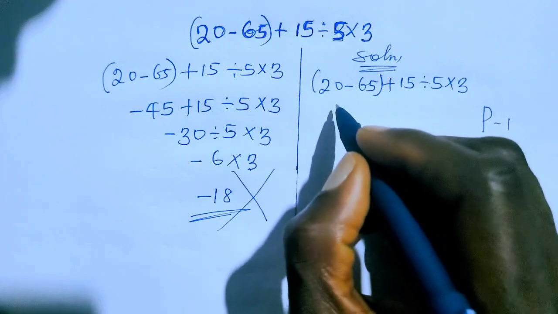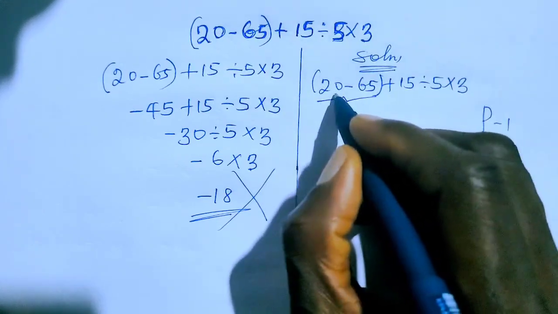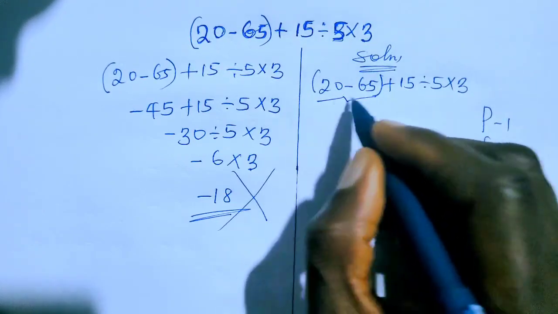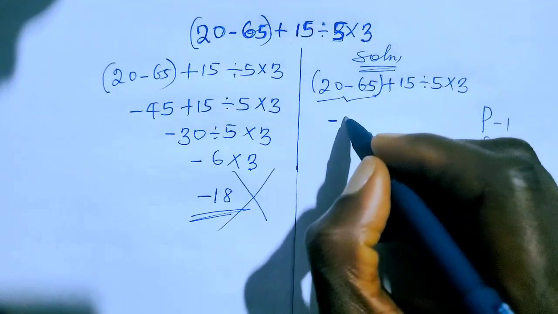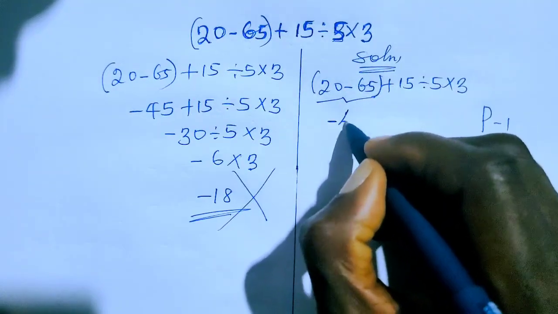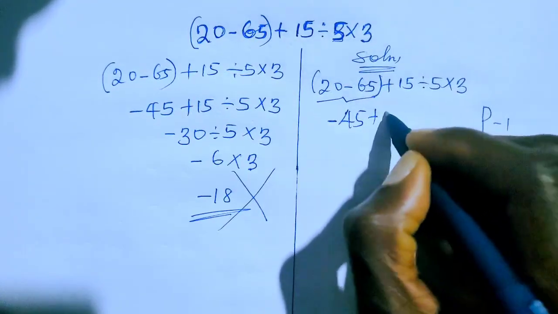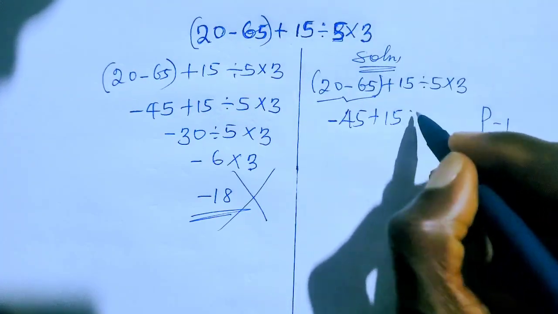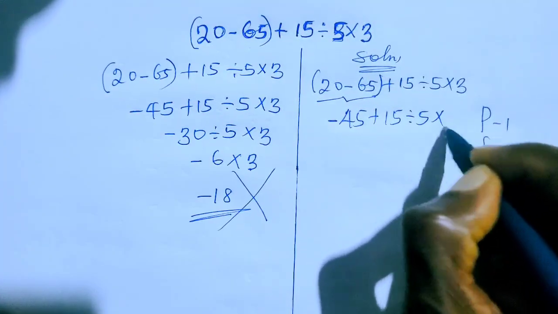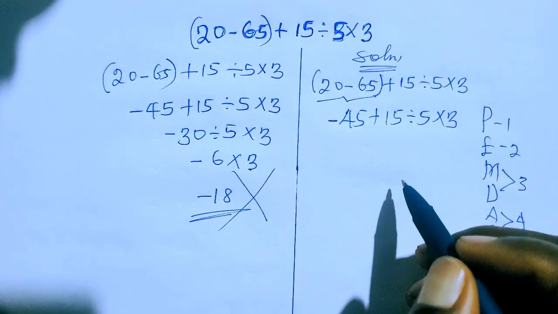And I'm going to have here 20 minus 65, that will give us minus 45 plus 15 divided by 5 multiplied by 3.